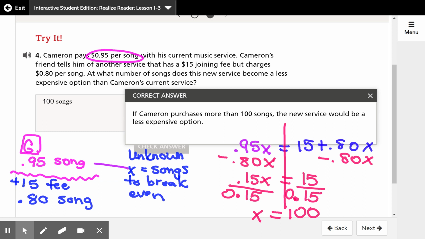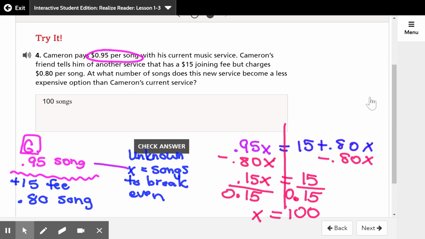So, if Cameron purchases more than 100 songs, the new service would be a less expensive option. So notice that I put 100. You actually want to put more than 100 because at 100 it's even. So then at 101 songs, that's when it becomes less expensive.